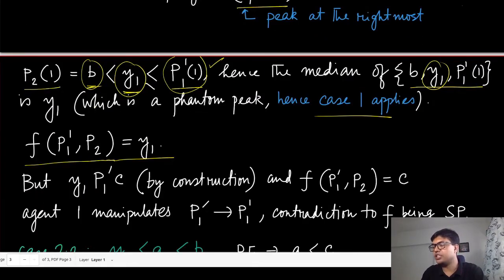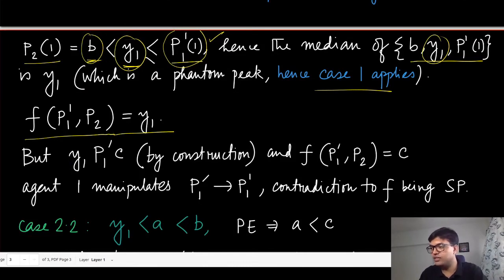And now the contradiction happens. By construction Y1 is more preferred than C, and the outcome for that preference profile is C. Then you already see a manipulation which is possible by player 1. It prefers Y1 more than C, but the outcome is actually a worse outcome.